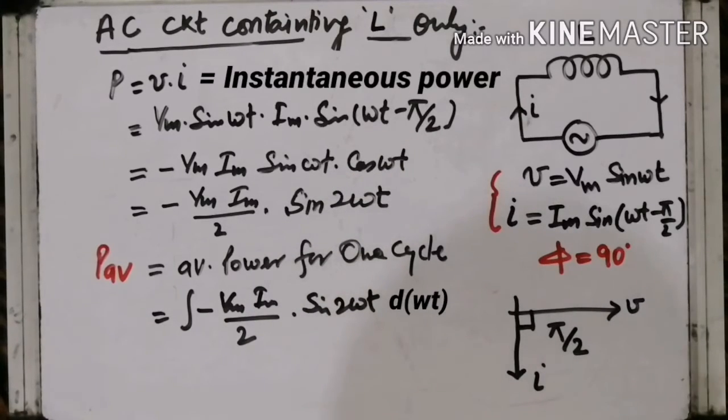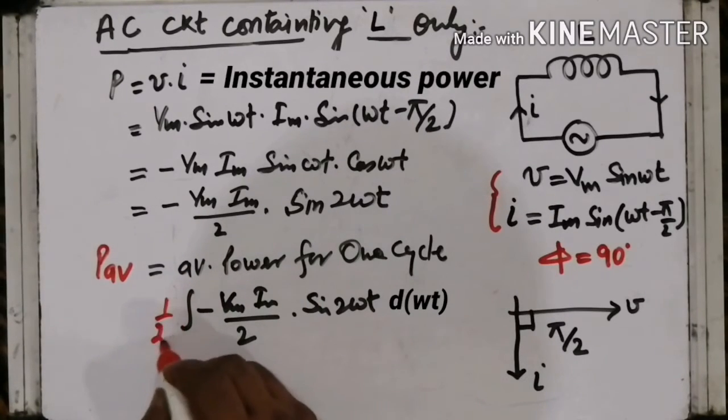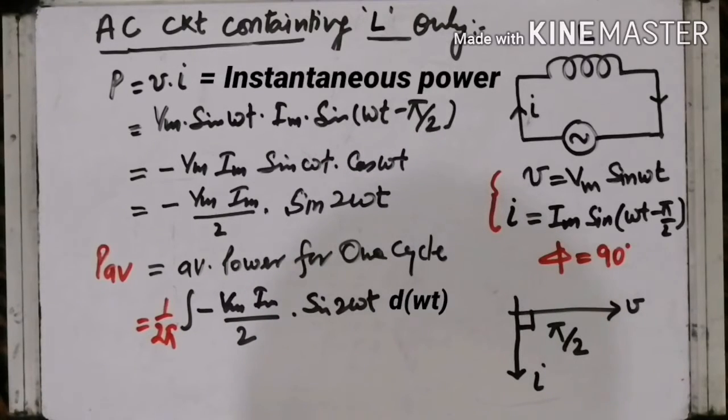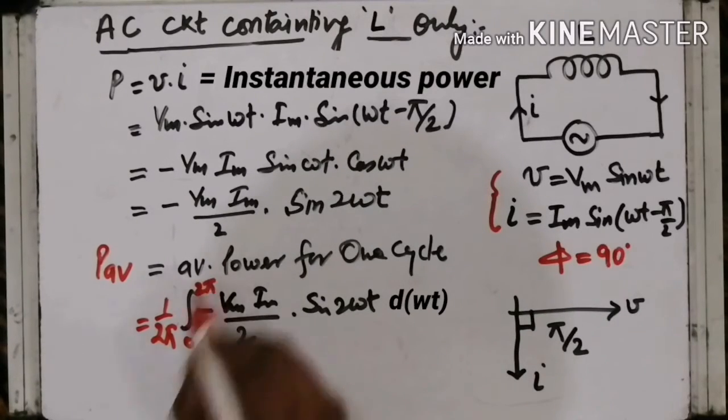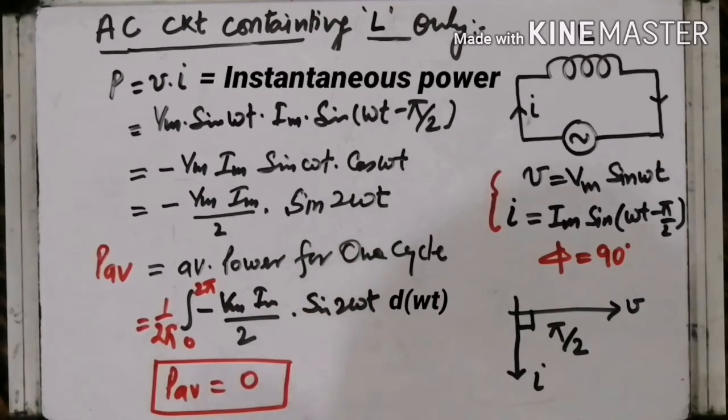Average means 1 upon 2 pi, and we are integrating it from 0 to 2 pi, and found that the average power is 0, right? This expression is sinusoidal with angular frequency 2 omega. It has half part in positive and half part in negative. That's why the average value is 0. P average is equal to 0.